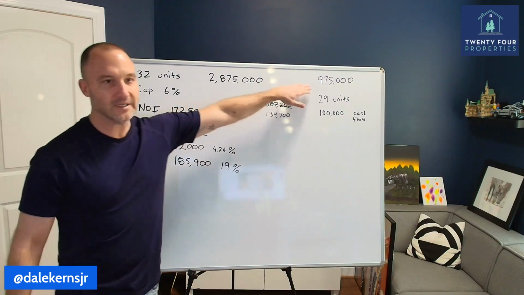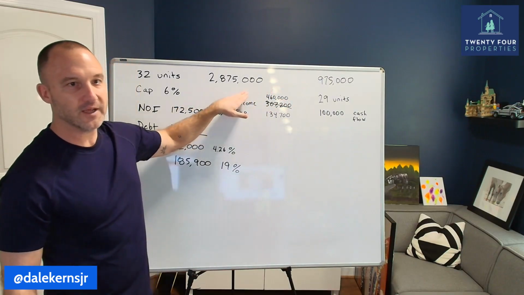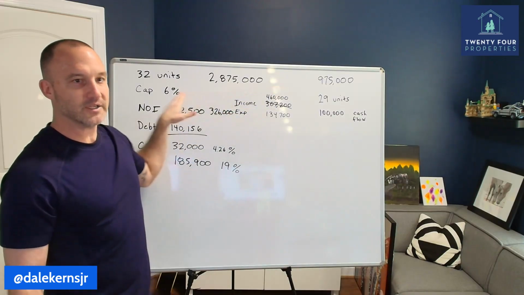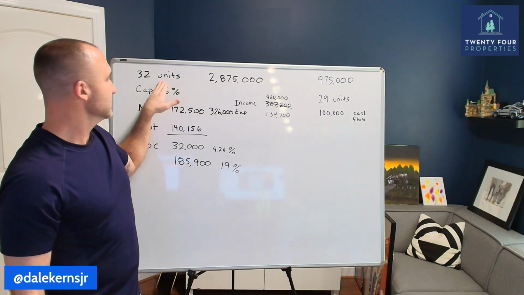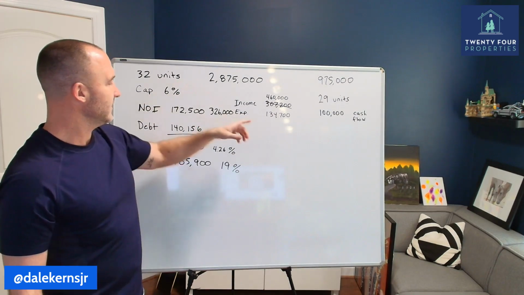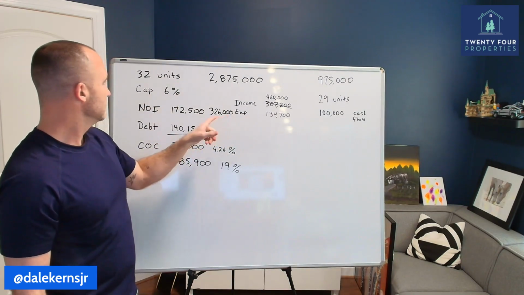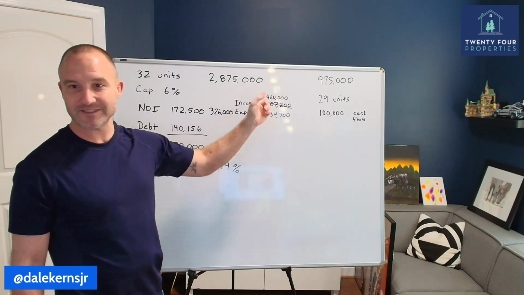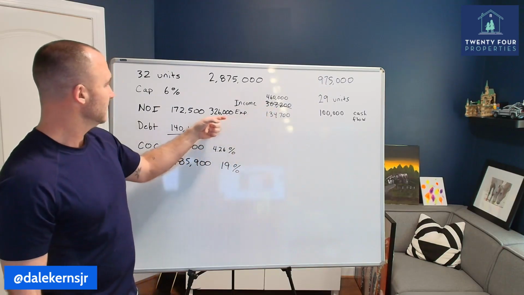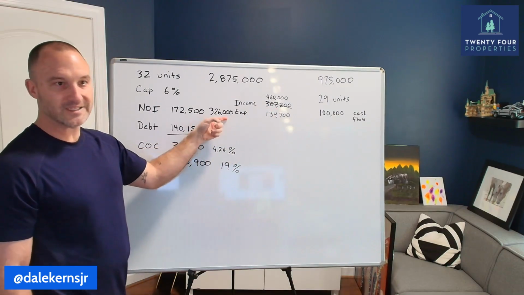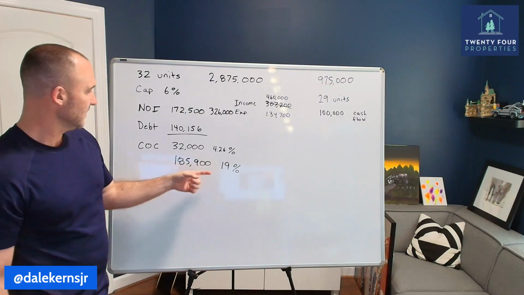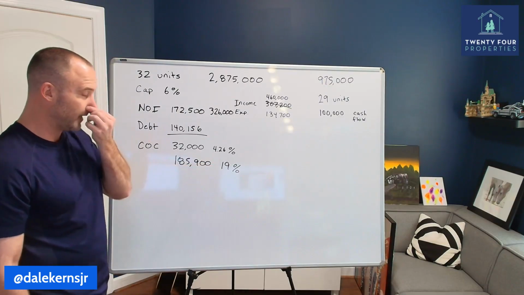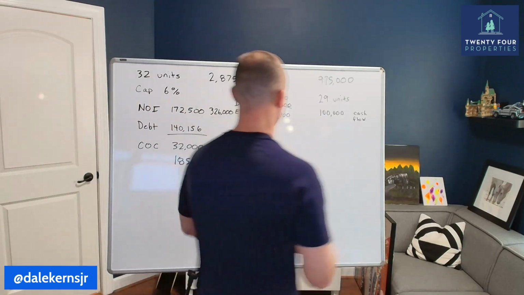So if we took our 975, we put 850 down, we spent the extra money to renovate these 32 units. That would increase our income to 460 because now we're getting $1,200 instead of $800. Our NOI goes up to 326, and our cash on cash is 185. So let's see, what do we have now?